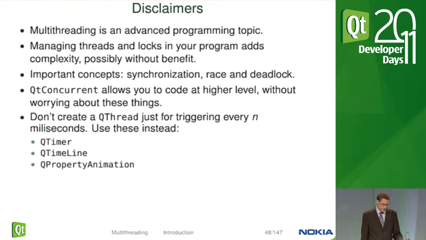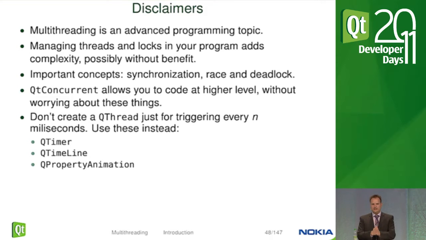Fortunately, if all you want to do is take a bit of work off your GUI thread and have that happen in a secondary thread, with the introduction in Qt 4 of signal slots among threads, a lot of the problems that you'll be facing in other setups of multithreading are not going to bite you as hard.